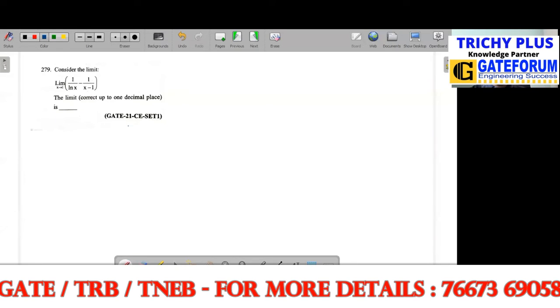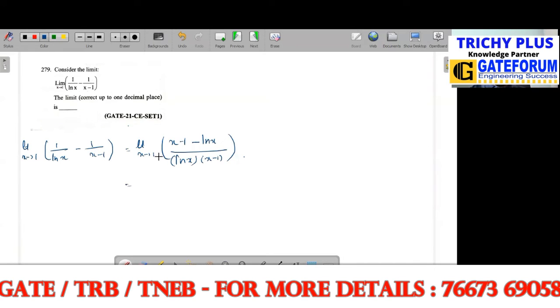If you take LCM, which means a cross multiplication, what will come? The same thing you can write as limit x tends to 1 of 1 by ln x minus 1 by x minus 1. If you do that, limit x tends to 1, x minus 1 cross multiplying minus ln x, divided by ln x into x minus 1, correct?